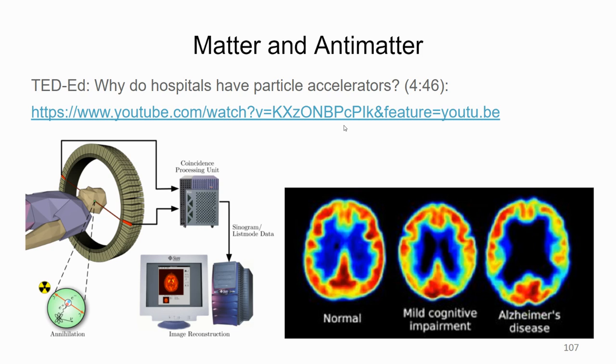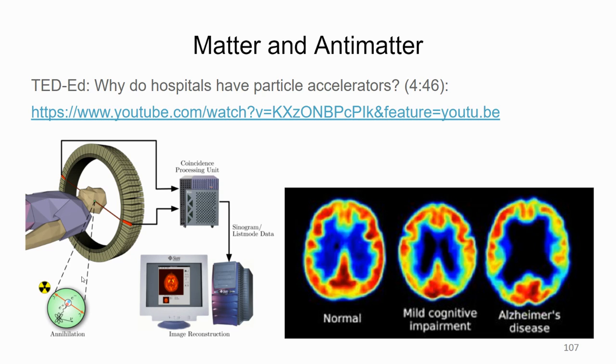So then we watched this video, which talks about why we have particle accelerators in the basements of hospitals, not nuclear reactors. And the basic reason is to make this stuff that has a half-life of 2 hours, you have to make it and use it almost right away. You can't make it and ship it and then store it and do things like that because this stuff just decays so quickly that it's not any good to you after a certain amount of time.